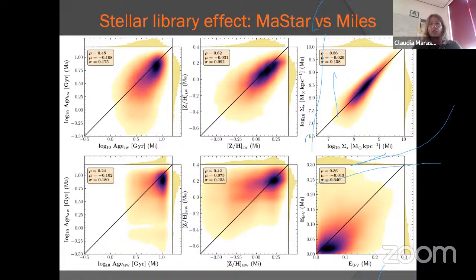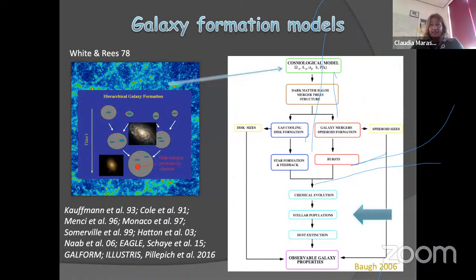I would like to point to Justus' paper, where we compared age, chemical composition, and also mass density for a range of calculations existing in the literature. Now, and this is the last topic I would like to address, stellar population models are also a critical ingredient for making galaxies in a cosmological model.